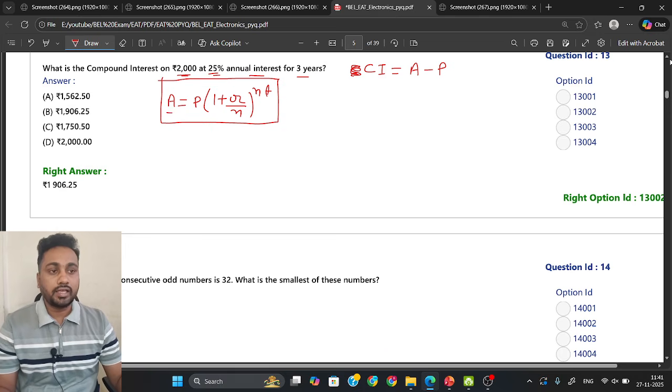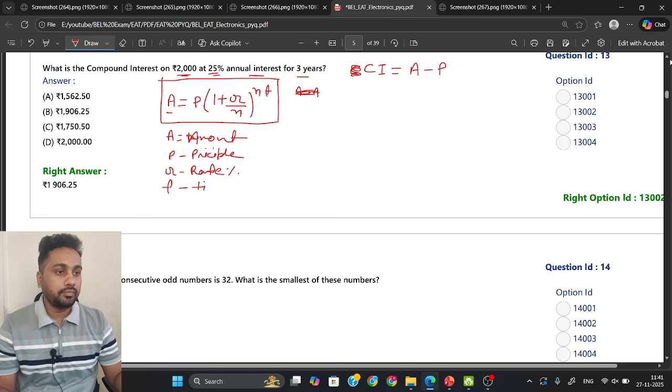Here A is your amount, P is your principal value, R is your rate percentage, and T is your time.